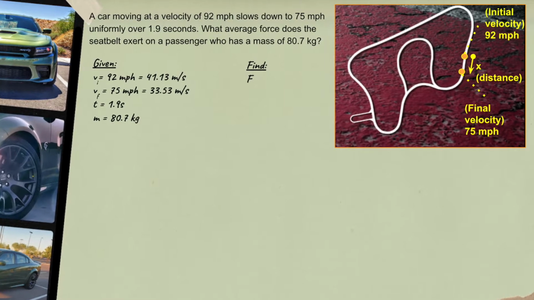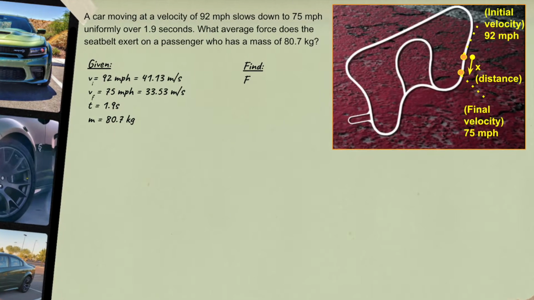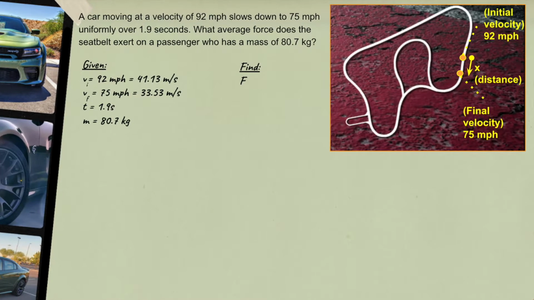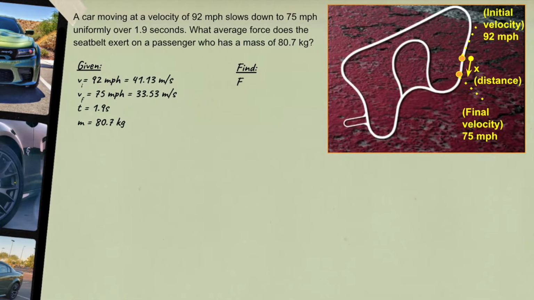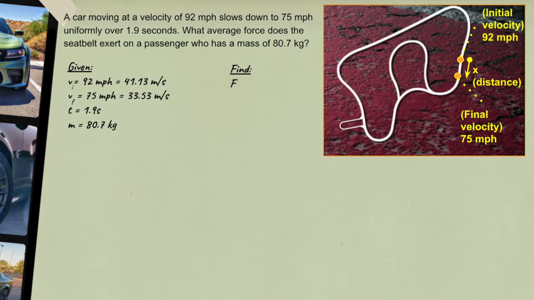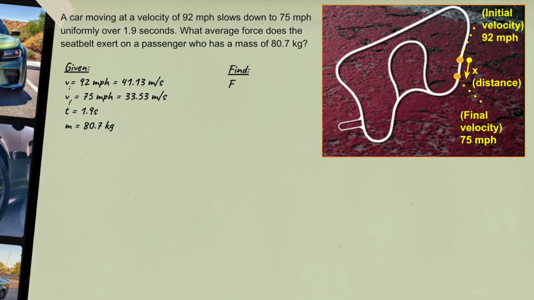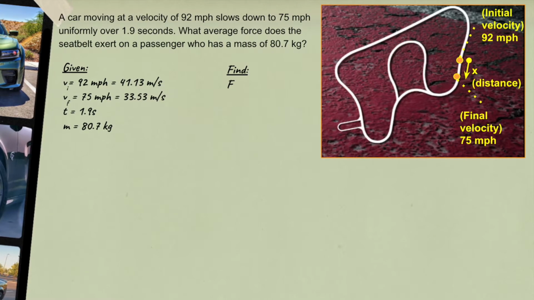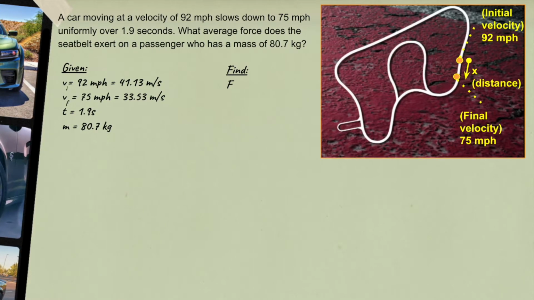What average force does the seatbelt exert on a passenger who has a mass of 80.7 kilograms? Now I'm using 80.7 kilograms here because that is the average mass for an earthling who lives in North America.